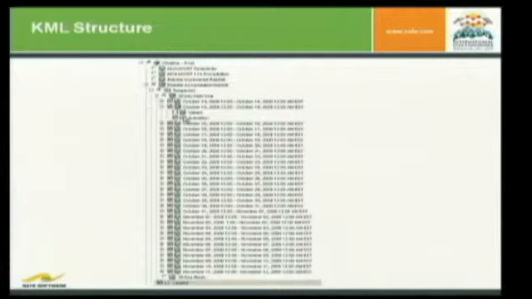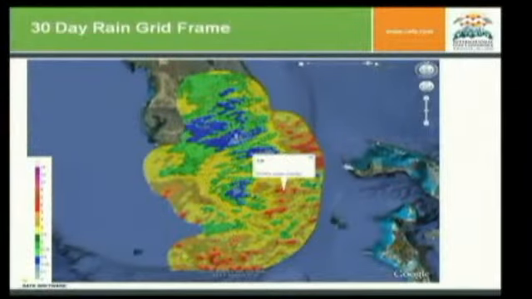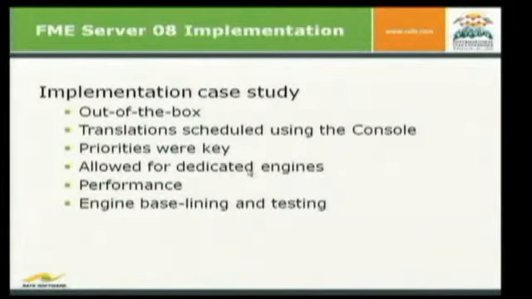And then we have values off, and animation would be the polygons on. So when you go to the next level, they can stop at any frame, turn on the values, and then click on any of these pixels. And even though these are actually large aggregated or dissolved polygons, they can still click on any 2-kilometer pixel and find the value.